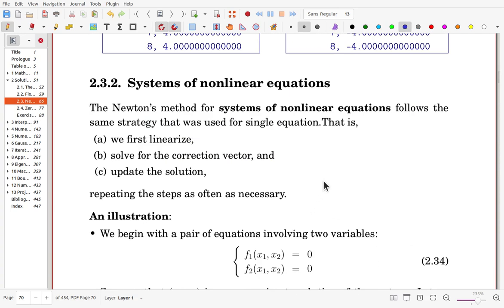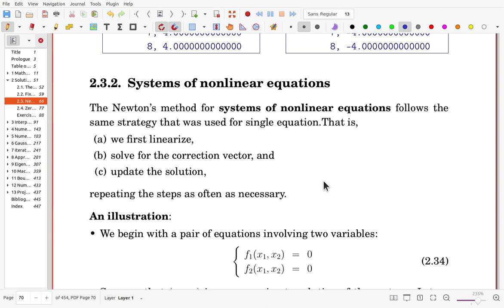Now this Newton's method so far is formulated for f(x) = 0. For systems of nonlinear equations, we can formulate the method, and the same idea will be used.